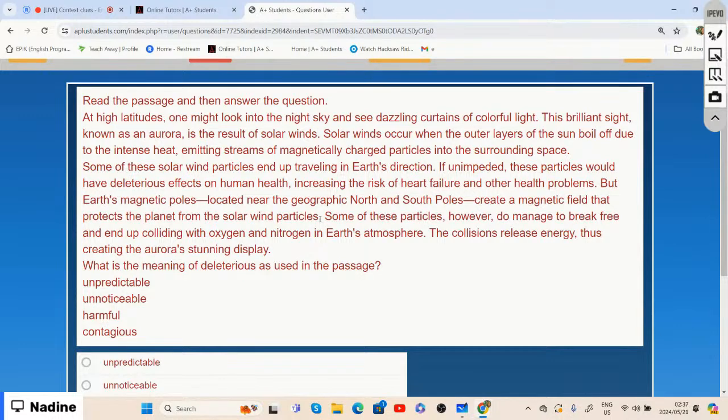So we need to say what is the meaning of deleterious as used in the passage. Is it unpredictable, unnoticeable, harmful, or contagious? It says if unimpeded, these particles would have deleterious effects on human health.